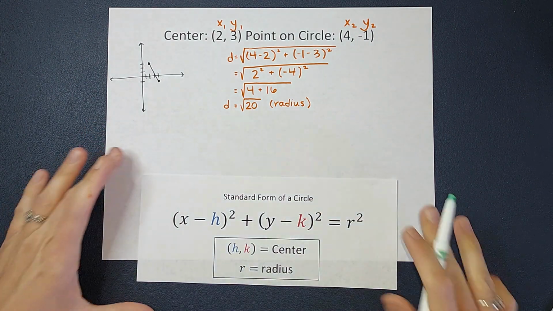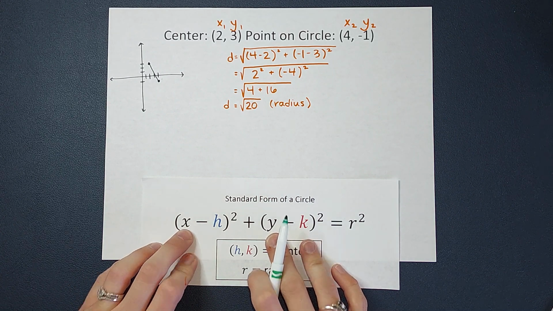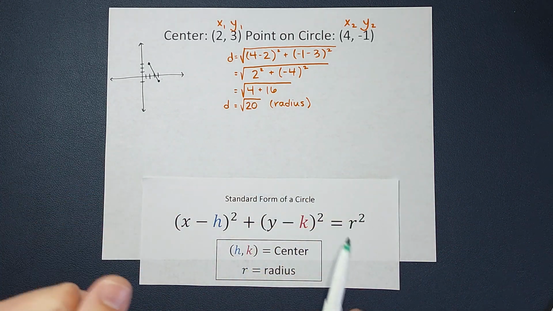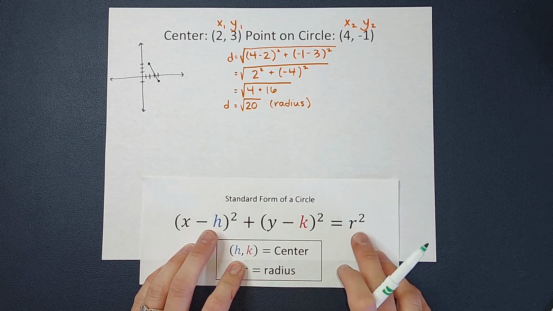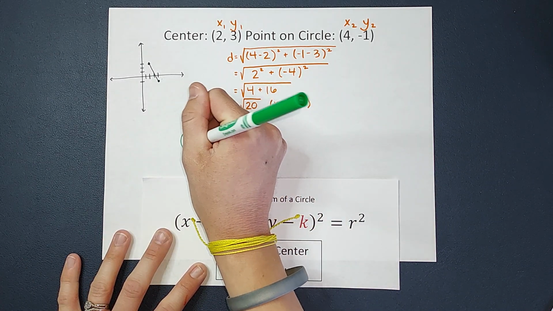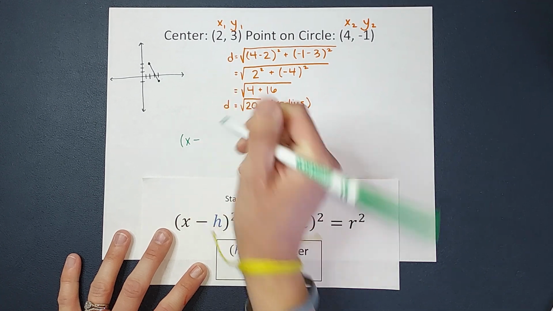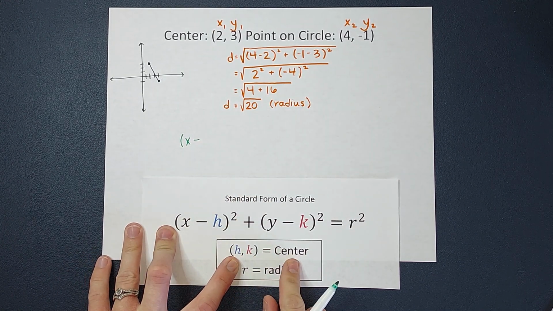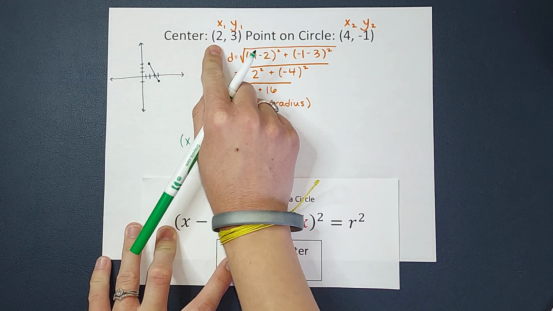So remember, when we fill this in, the X and Y are going to stay X and Y, and we are filling in the numbers for H, K, and R. Okay, so we are going to have X minus H. H is the first number in the ordered pair of my center, right?